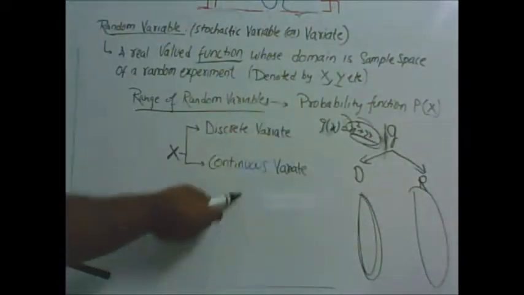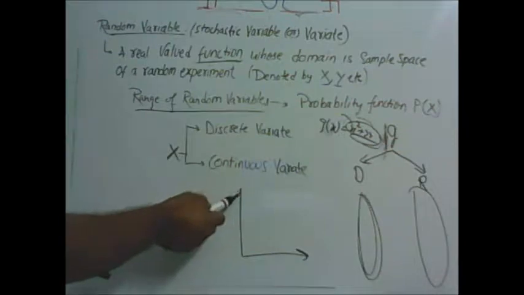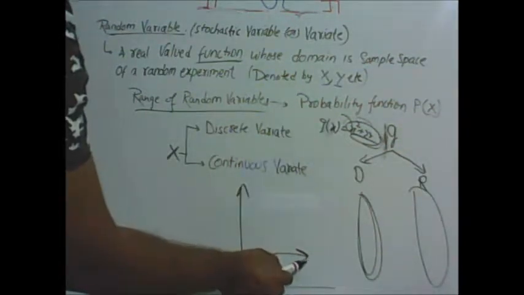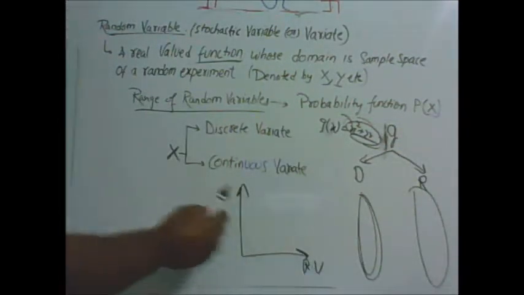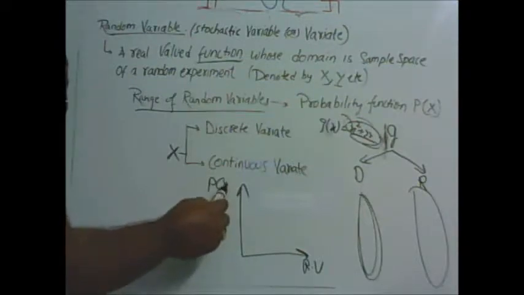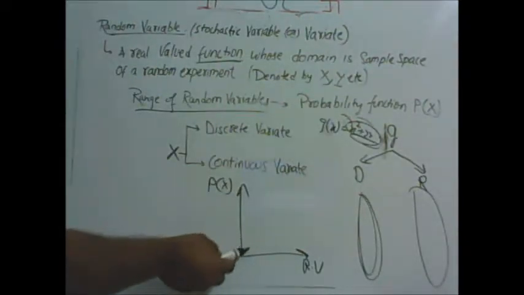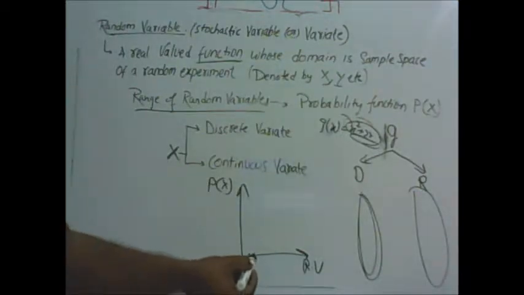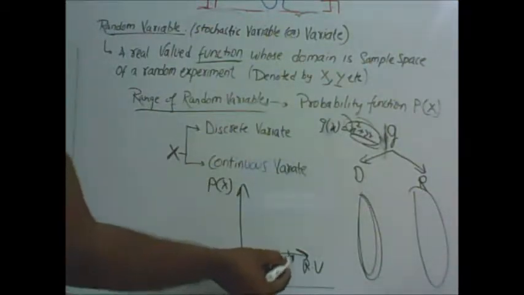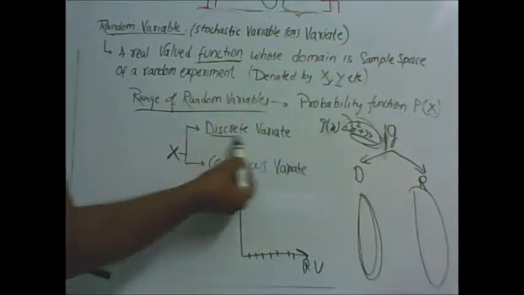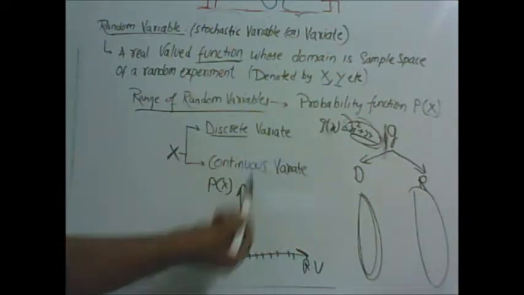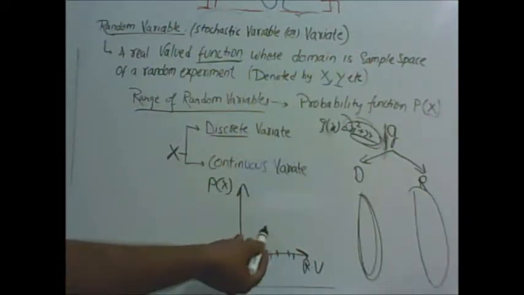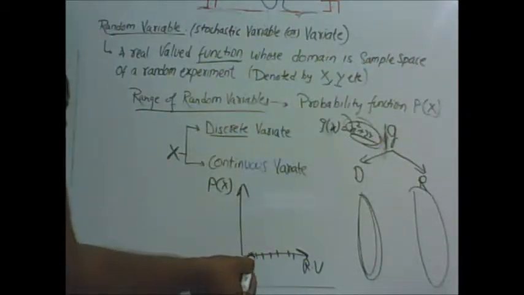Depending on the plot of the random variable and probability function, when we plot them on a graph, depending on what type of values this random variable takes, it is either discrete, meaning 1, 2, 3, like that, countable form, or, when it is not countable, continuous.